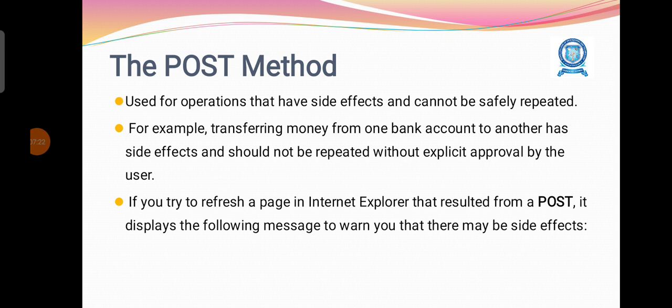The POST method is used for operations that have side effects and cannot be safely repeated. For example, transferring money from one bank account to another has side effects and should not be repeated without explicit approval by the user. So the POST method will not be repeated.